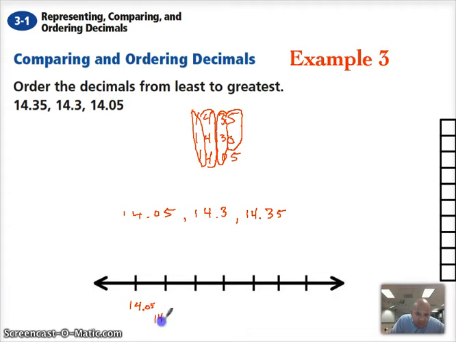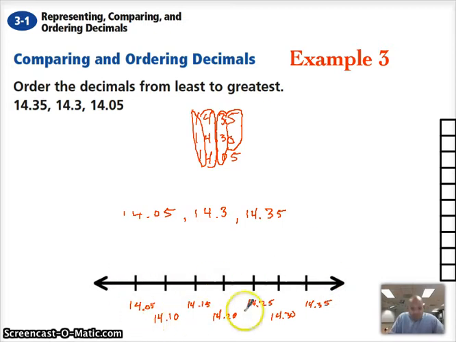This would be 14.10, 14 and 15/100, 14 and 20/100, 14 and 25/100, 14 and 30/100, and 14 and 35/100.